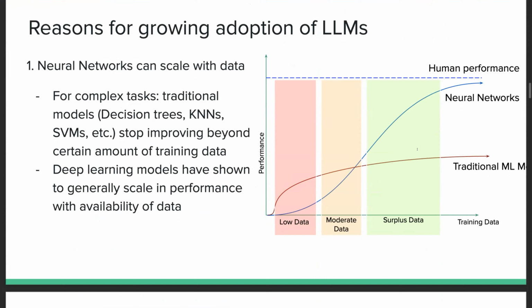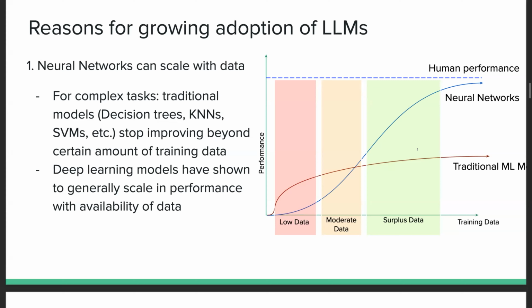So this is a well-known fact, and even before we had the shift to larger models, we knew that deep learning models and neural networks scale well with data. Generally, traditional machine learning models plateau with training data. Now, this is not true for all tasks and all data sets, but this is generally true across at least complex tasks.